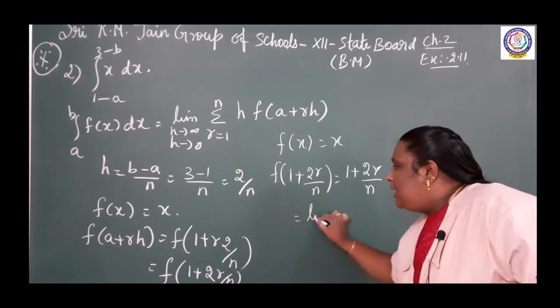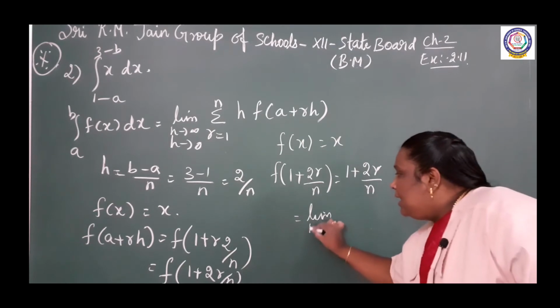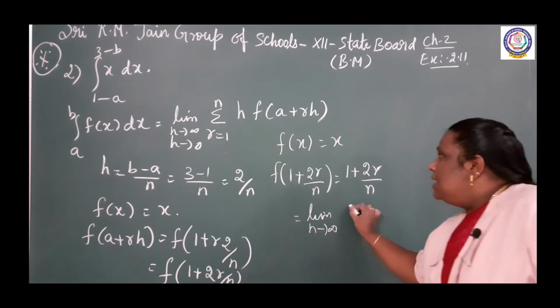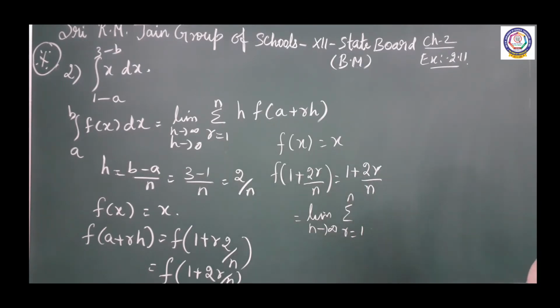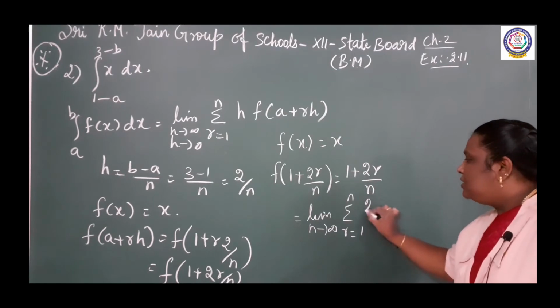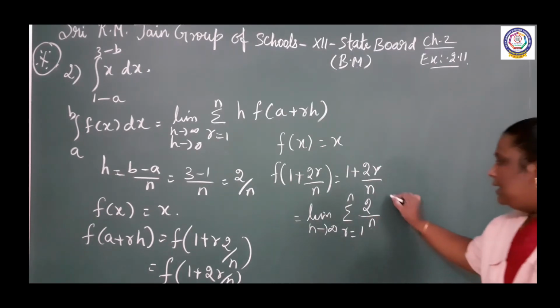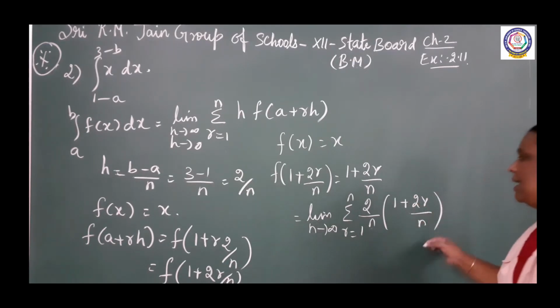So you apply the formula: limit n tends to infinity, sigma r equal to 1 to n. You don't write h tends to 0, n tends to infinity is enough. Sigma r equal to 1 to n, h, what is the value of h? 2 by n. H value is 2 by n into (1 plus 2r by n).